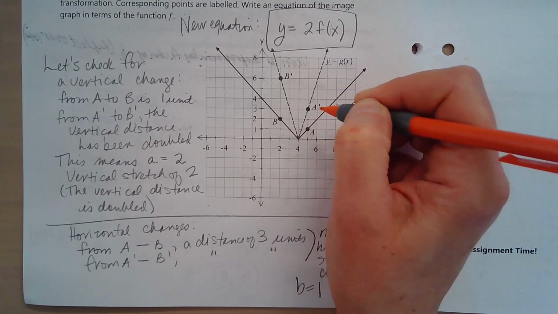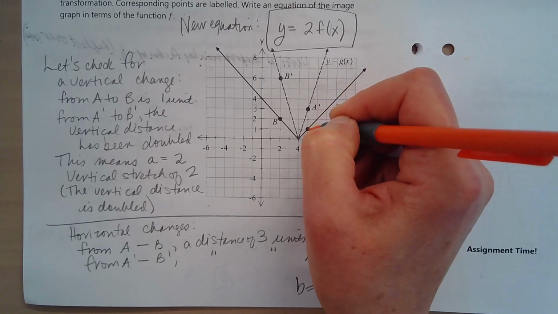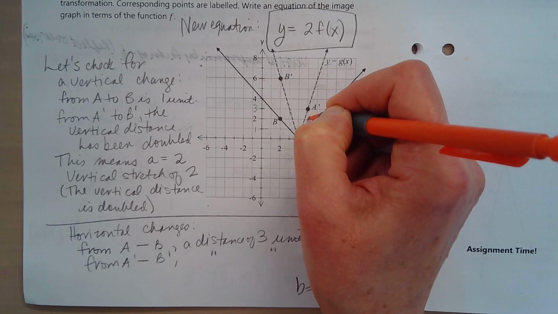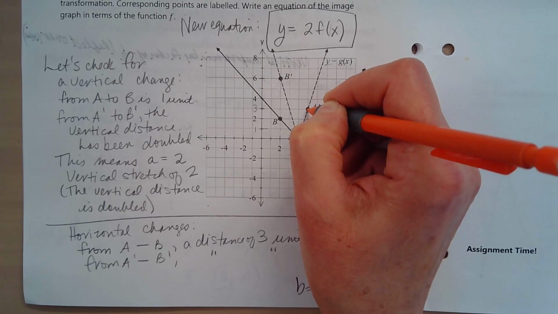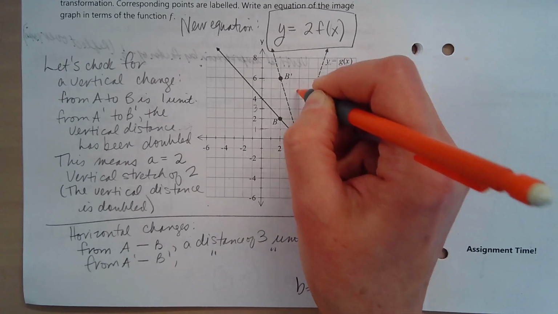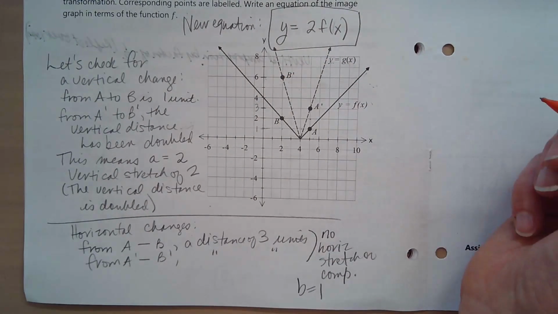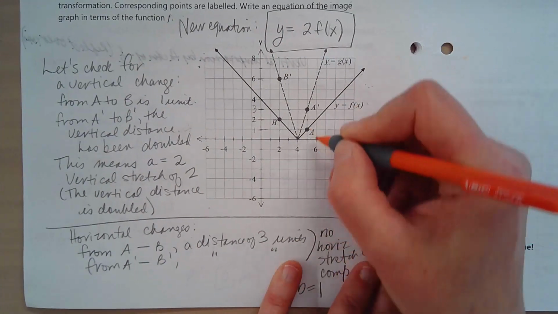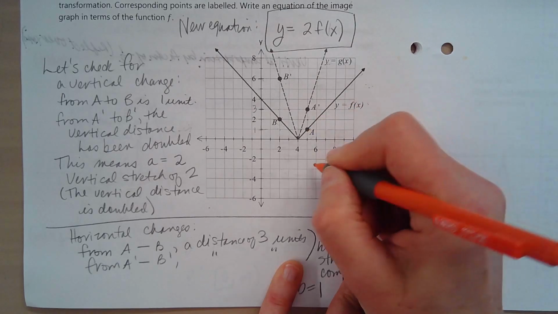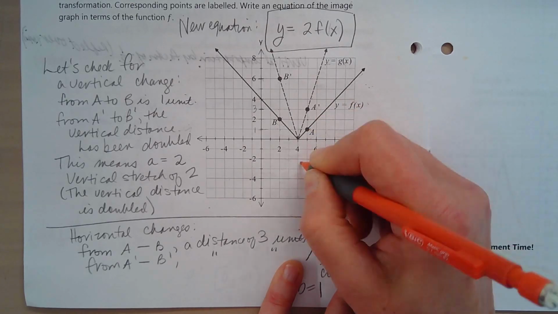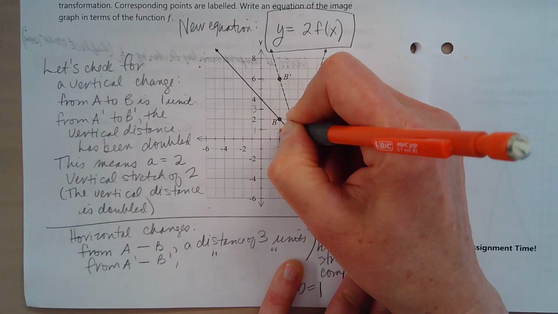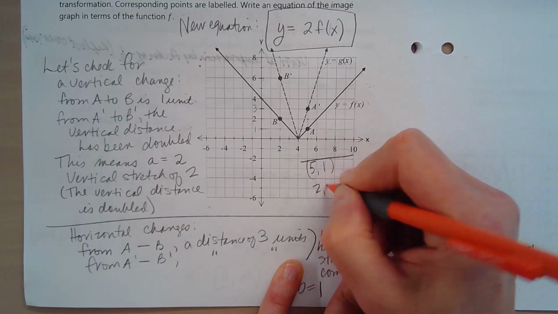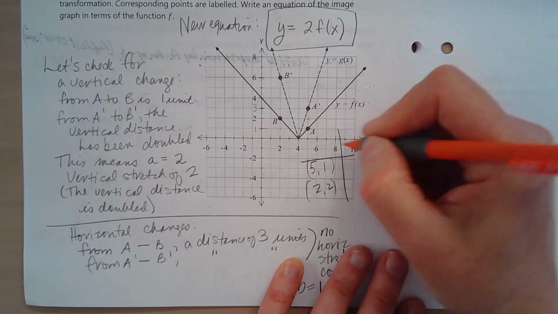Okay, so wait. What did I do here? 1 unit, right? From 1 to 2, and then 3 times 1, 2, 3. Okay, let's do this. I'm going to take my critical point, 5 comma 1, and 2 comma 2. Let's see what it transformed. Did I make another error?